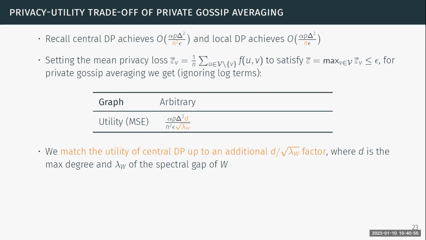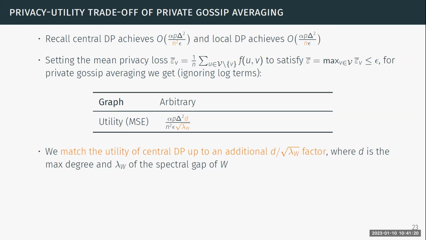And this lambda_W is the spectral gap of the matrix. This measures how fast information mixes in the graph. So this is a measure of connectivity, or let's say a measure of mixing. If you know about mixing time, this is exactly the same quantity. So this is saying how fast information propagates.